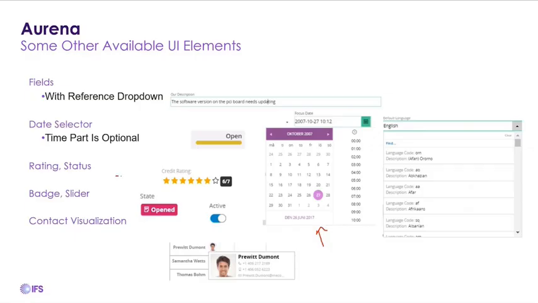We can have ratings, we can have status. Status we will be discussing later in this training. And we can have badges, contacts, visualizations. That way, there are different kinds of elements being added in order to improve the user friendliness of this application.